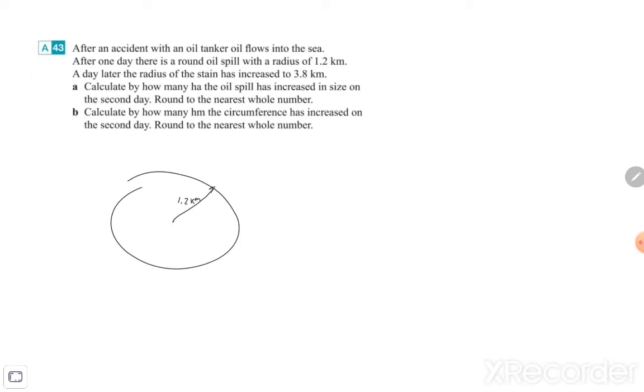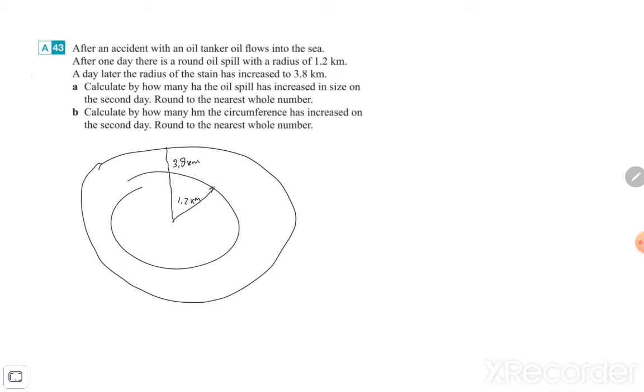A day later the radius of the stain has increased to 3.8. So a bigger circle, and now the radius is not 1.2 anymore, but 3.8 kilometers.